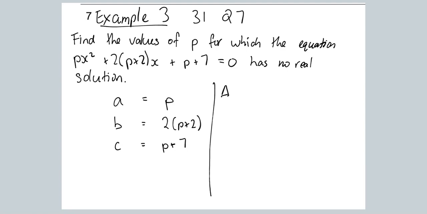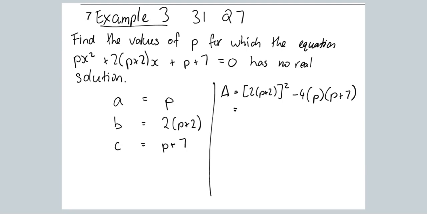So the discriminant is equal to b squared. So I've got [2(p + 2)] all squared, minus 4, and then I've got a, which is p, and c, which is p plus 7. I used square brackets because I knew that I was starting to use round brackets as well. I tend to change the shape of the brackets when I've got multiples of them, just to make it nice and clear.